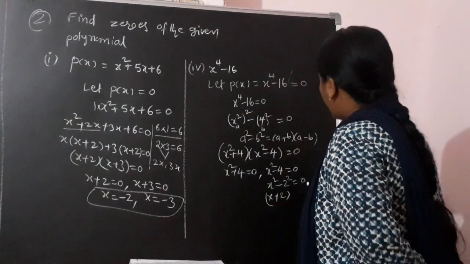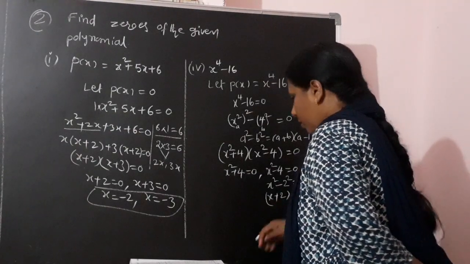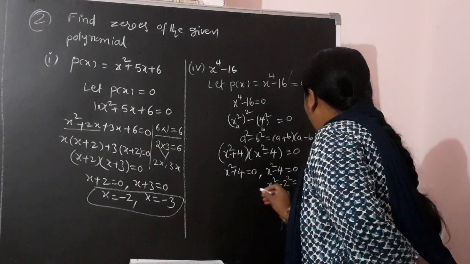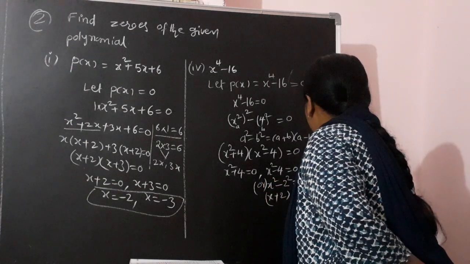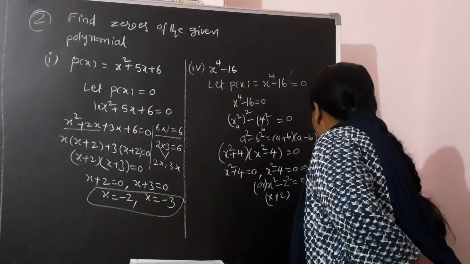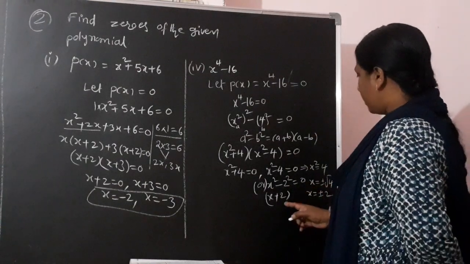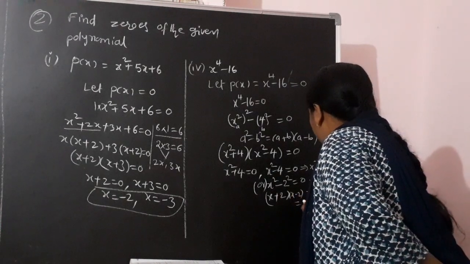Otherwise, directly also you can write, no problem: x square equal to 4. So either like this or a plus b into a minus b, you can use any method. So here x equal to plus or minus root 4, so x equal to plus or minus 2. Otherwise by the formula method, x plus 2 into x minus 2 equal to 0.